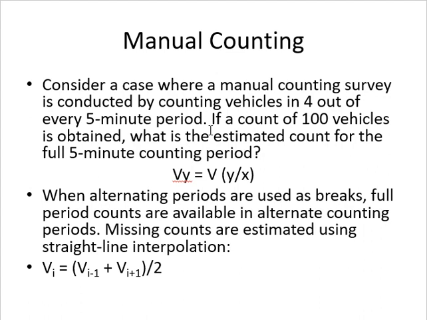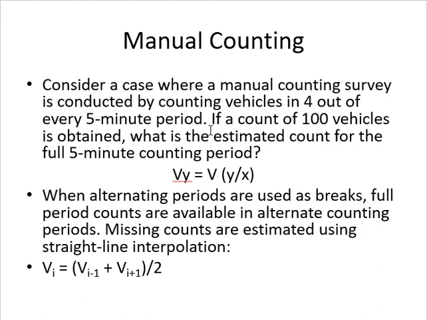So an example is given. Let's say the total period was 5 minutes, so every count starts after 5 minutes. Within 5 minutes, you told him you have a 1 minute break. So he's counting for how many minutes? How much is y? 5. How much is x? 4.